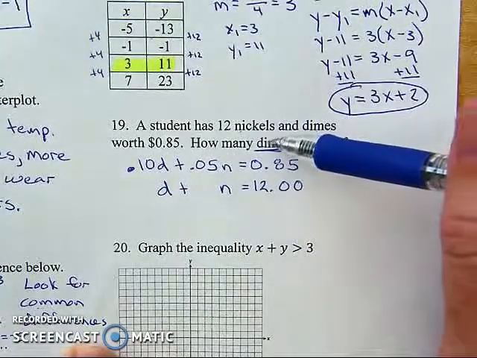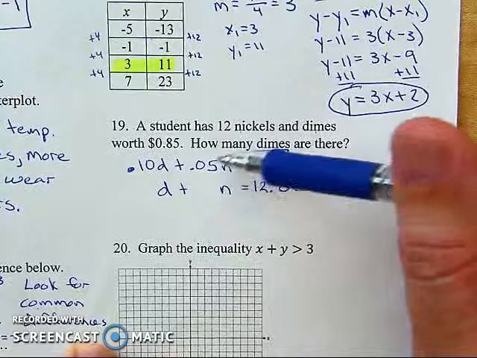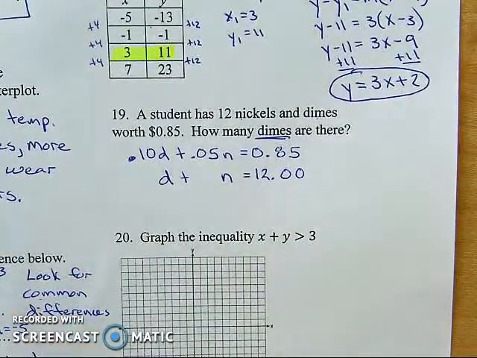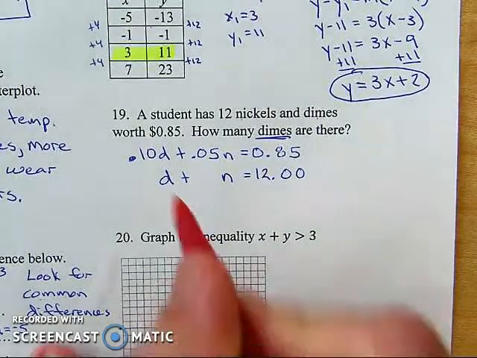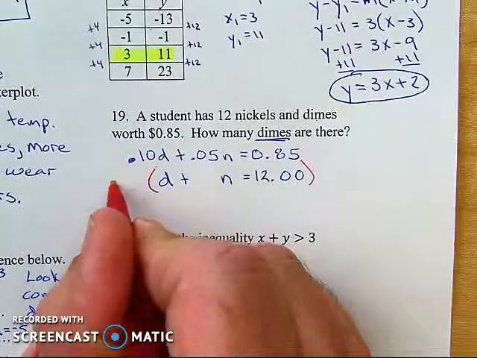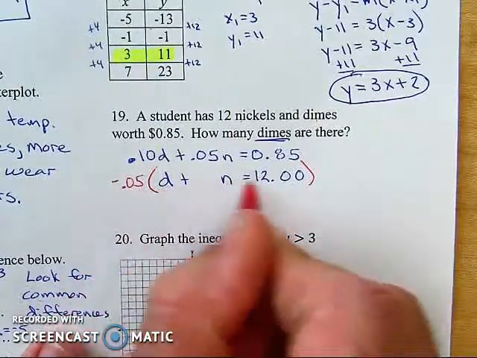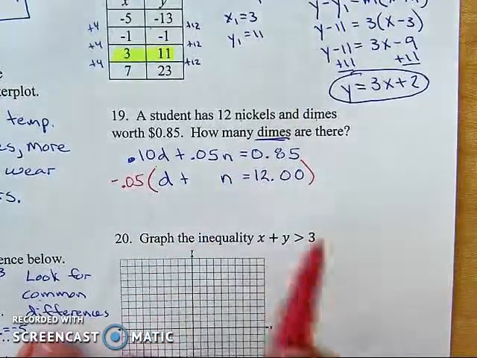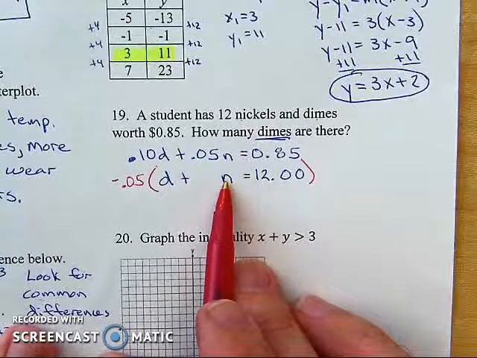We wanted dimes, so since I want to know the number of dimes, I'm going to eliminate the nickels. So I'm going to look for my red pen over here, and I'm going to multiply this line by negative 0.05. So that's the whole thing here, and that's going to cause me to be able to cancel out the nickels.